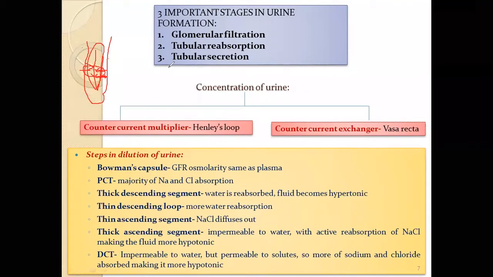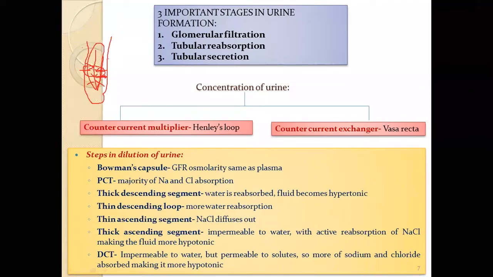Under this you have counter current multiplier and counter current exchanger. Counter current multiplier is where movement of ions occurs across the Henle's loop and the interstitial fluid in such a manner that the interstitial fluid becomes hyperosmolar.